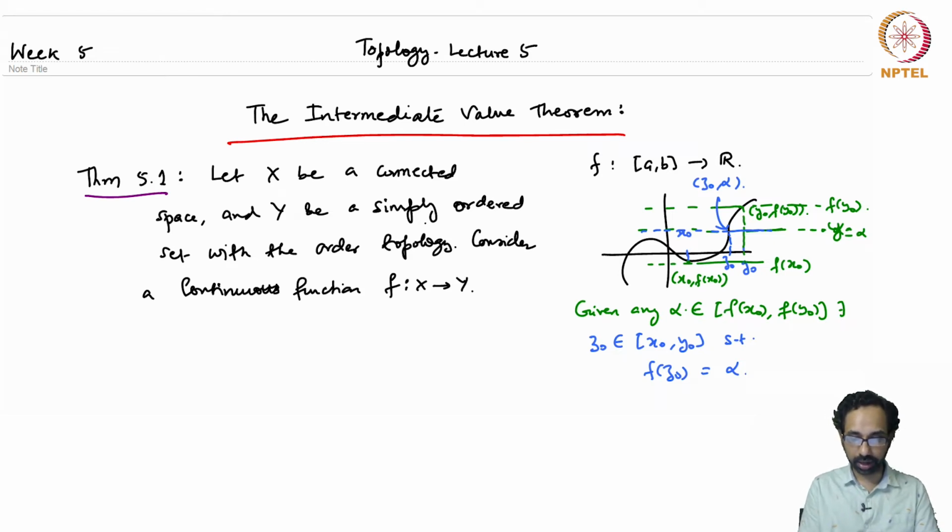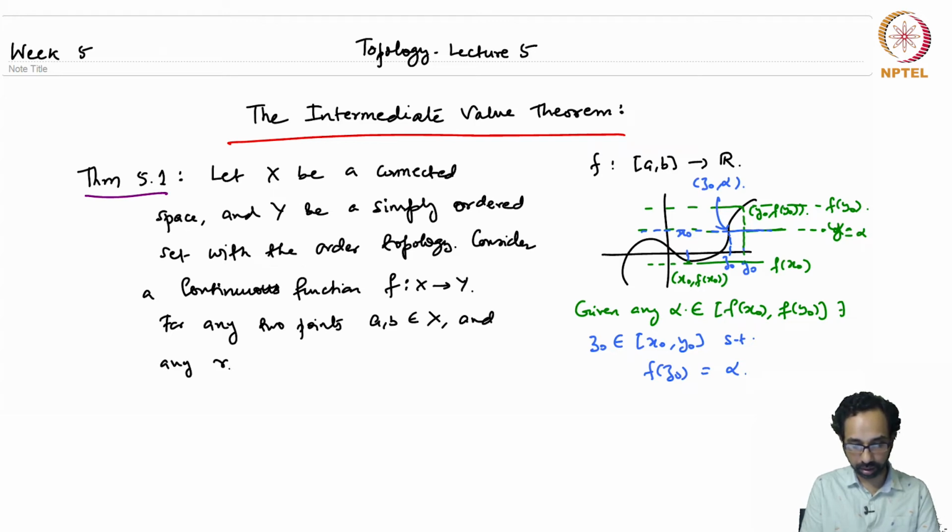and because Y is simply ordered, for any 2 points a, b in X and any r in the interval f(a) to f(b), there exists a point c in X such that f of c is equal to r.